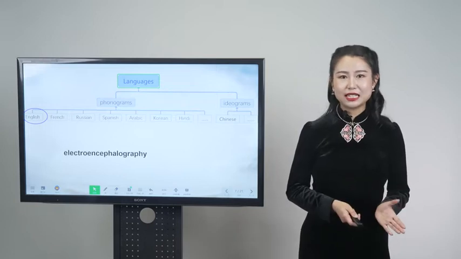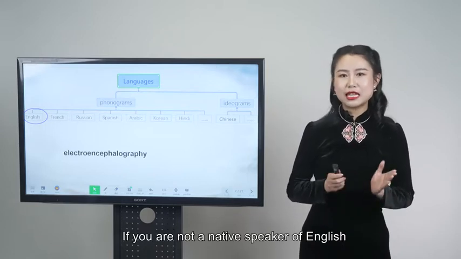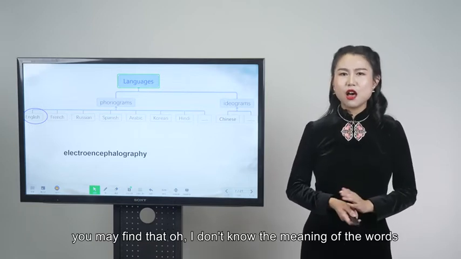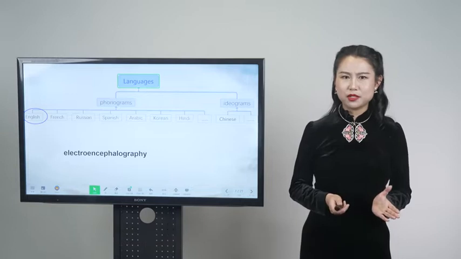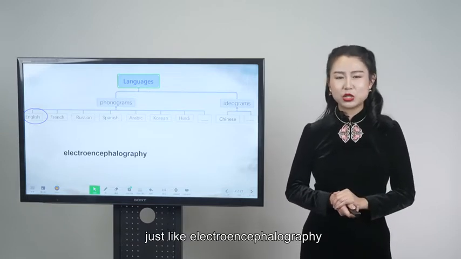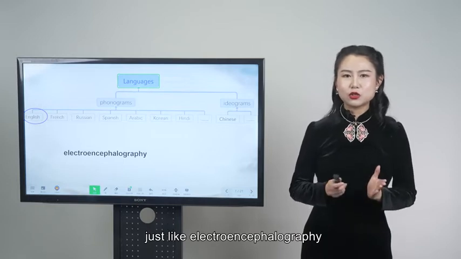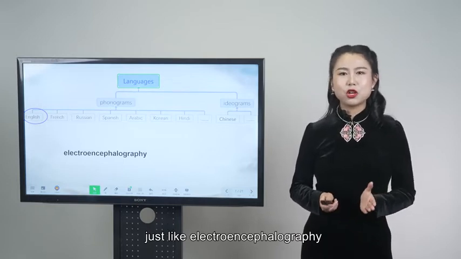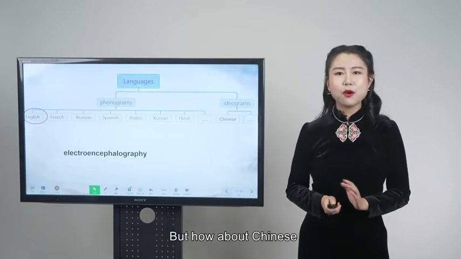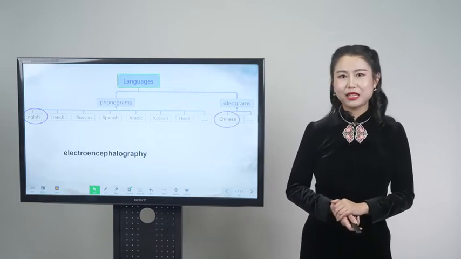Look at the words. If you are not a native speaker of English, you may find, oh, I don't know the meaning of the words, but probably I can spell it out, just like electroencephalography, just like this. But how about Chinese?